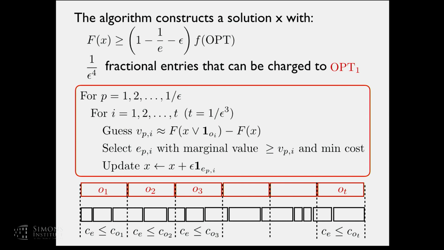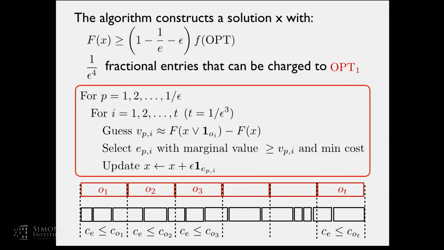So these elements represent 1 unit of fractional mass, and intuitively, because of the marginal gains, we can charge it to opt1, because we pick these items, of course, no more than opt1, and so on. So each of these items has 1 unit of fractional mass that is supported in items whose cost is no more than their corresponding cost. This is what we gain by guessing the marginal gains and picking according to them.